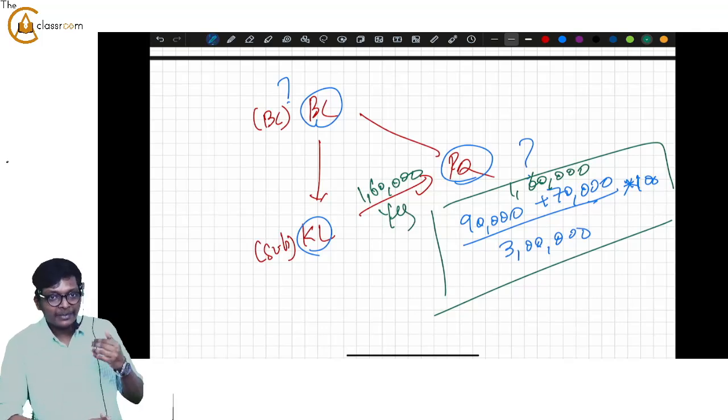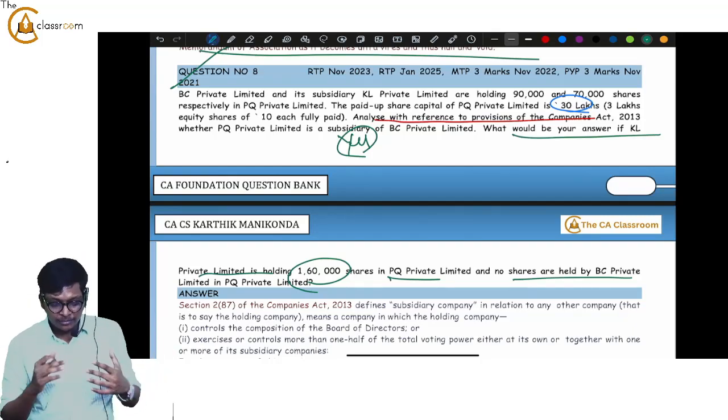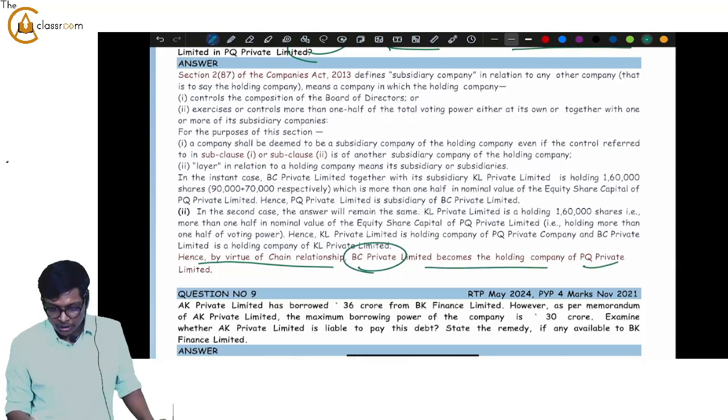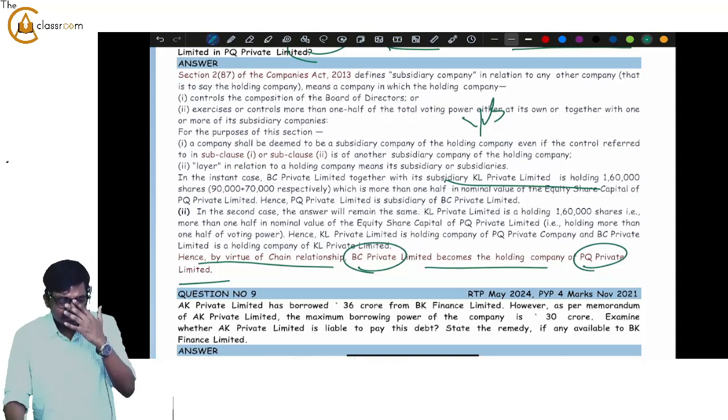If not me, my subsidiary is controlling. So here you have to write about the definition of holding and subsidiary, and in the first case you should show computation of both the companies together, in the second case separately. Therefore, in the first case also, by virtue of chain holding, BC becomes holding company of PQ Limited. In both the cases the answer is yes. How to present? Just read the answers, guys.